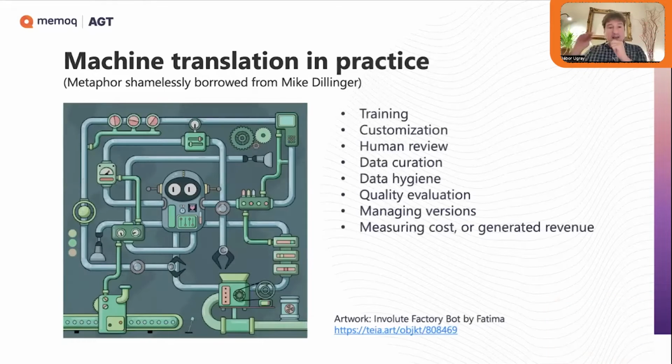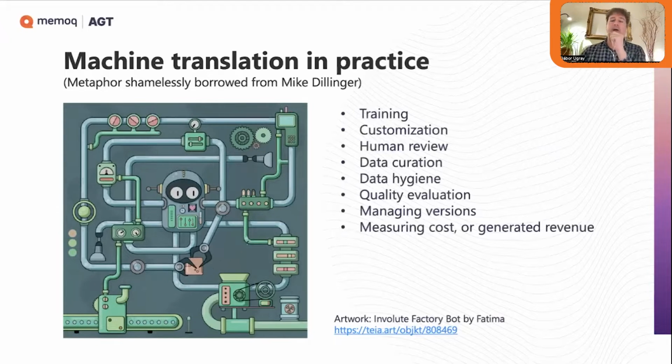Whereas in reality, the whole story around machine translation, as it is used in production, is a lot more complex. There's a lot of machinery all around it. There is the issue of training these machine translation engines. Very often, the really good results don't come from the generic engines. They come when you train an engine with domain-specific data.